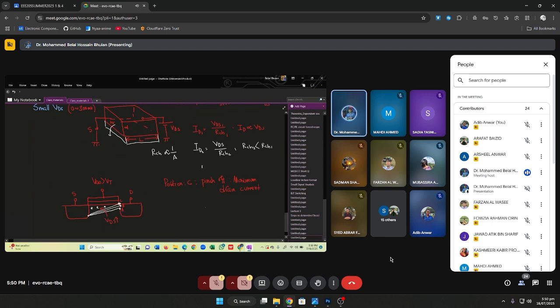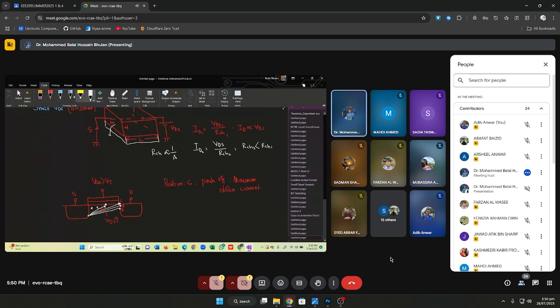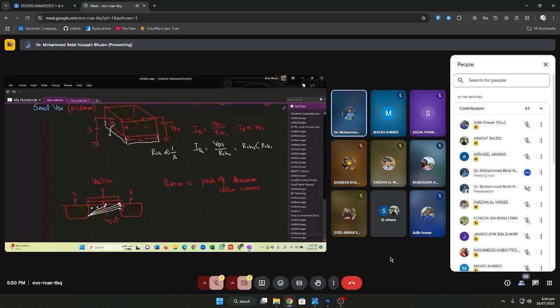If this happens, you're going to find the channel will not, let's call it D. So position D. The channel doesn't exist at the drain end. The channel ceases to exist. The channel terminates here, way before it reaches the drain end at position D.